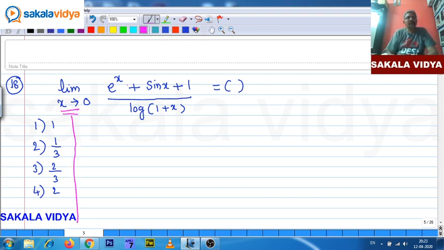Limit x tends to 0, e power x plus sin x minus 1 upon log of 1 plus x.